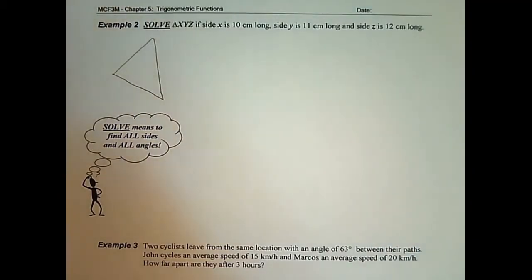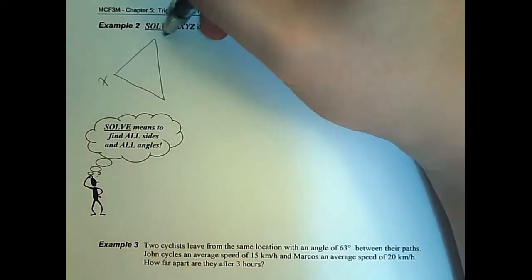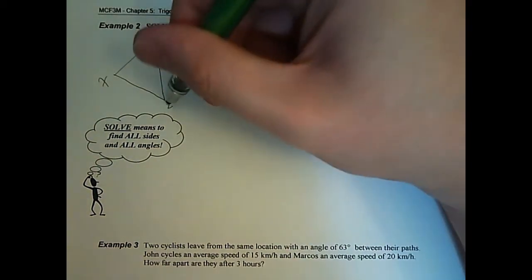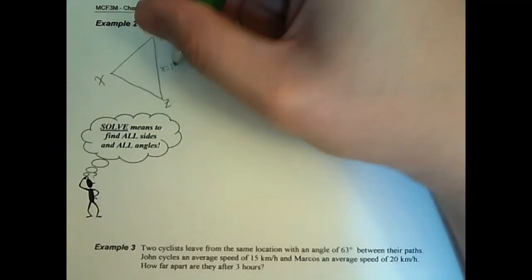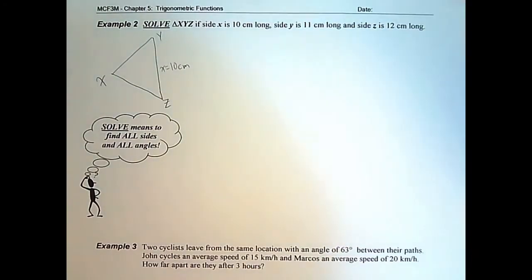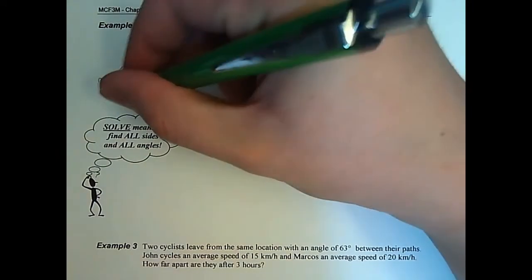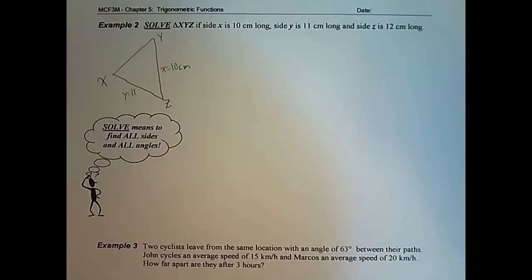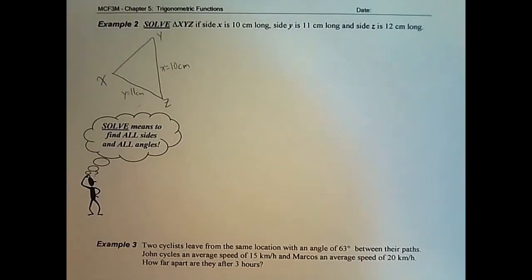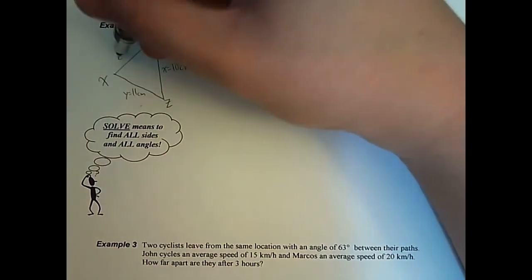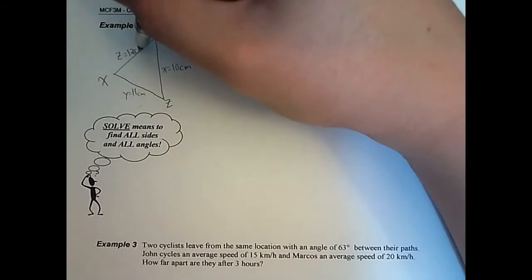That looks like a triangle. I'm going to put x, y, and z for our angles. And then it said side x is 10. Side y is going to be 11. And side z is going to be 12 centimeters.